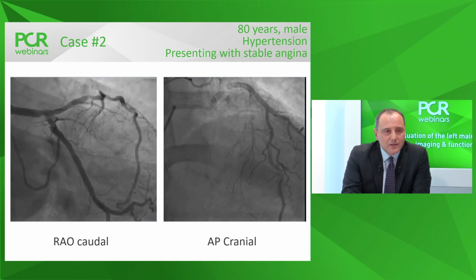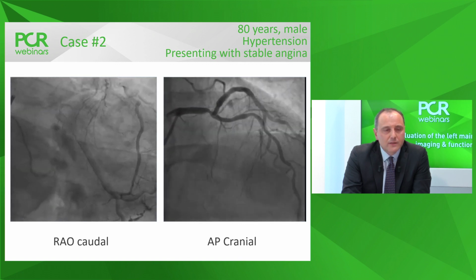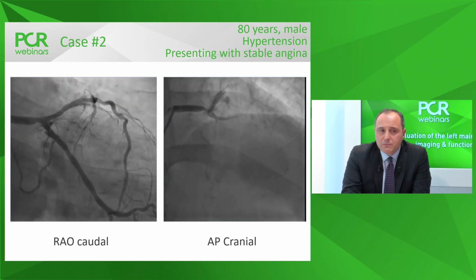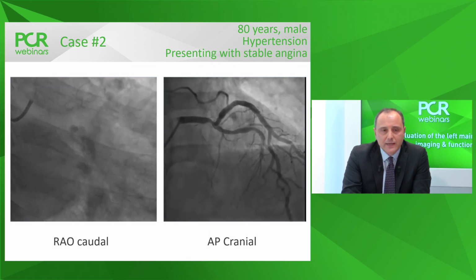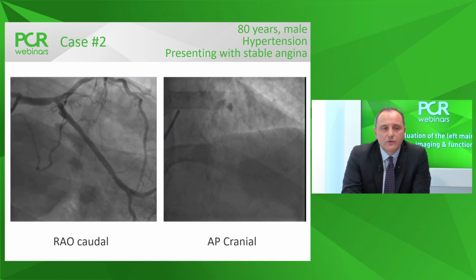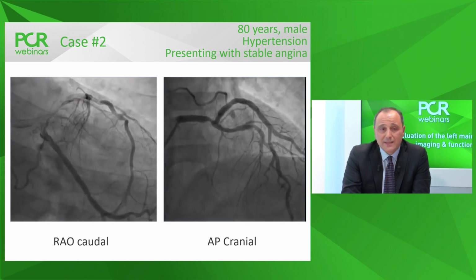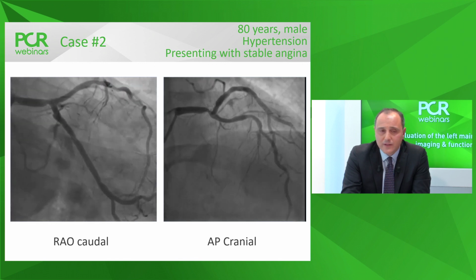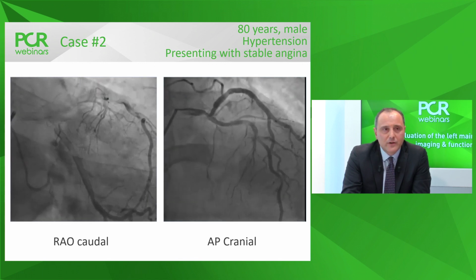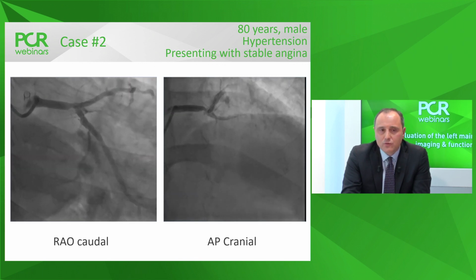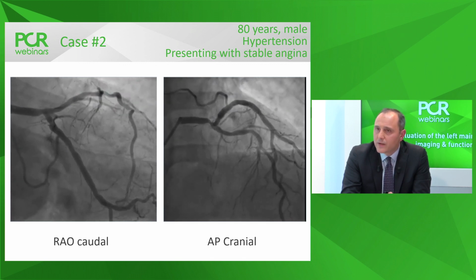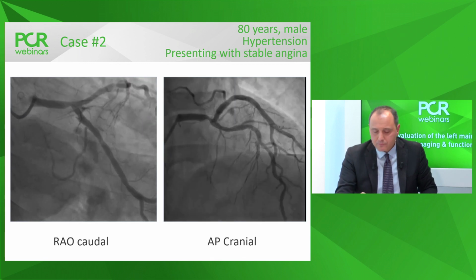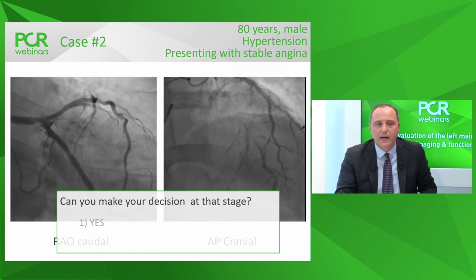We have an additional view to the one we have seen before, the caudal view on the left, that shows this pinching of the distal left main, and on the epicranial view, again, we see this lesion that honestly, looking at the angiogram, looks to me already significant, at least if I compare it to the previous one. And to make things a little bit more complex, there are these two additional lesions downstream. So let's start again our exercise.